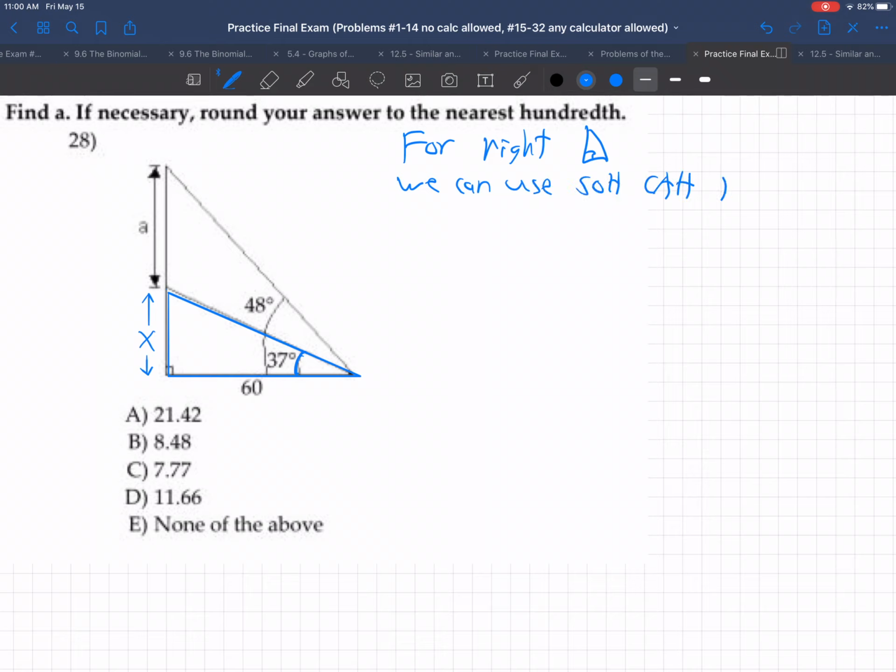If we're dealing with a triangle that is not a right triangle, then we can't use SOHCAHTOA, and we have to use the law of sines or the law of cosines. That's why we have those. But this little blue smaller triangle is a right triangle, so I'm going to use SOHCAHTOA.